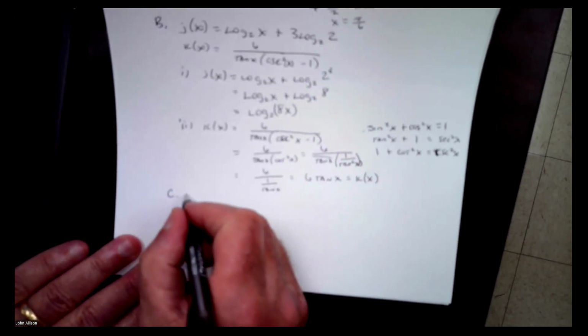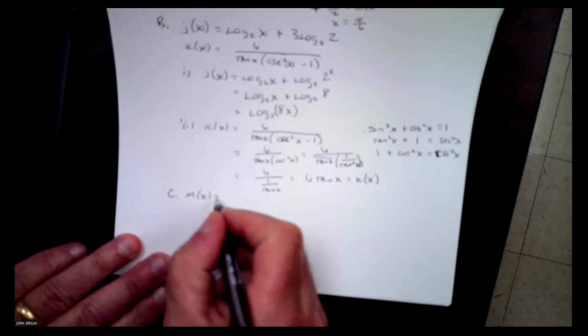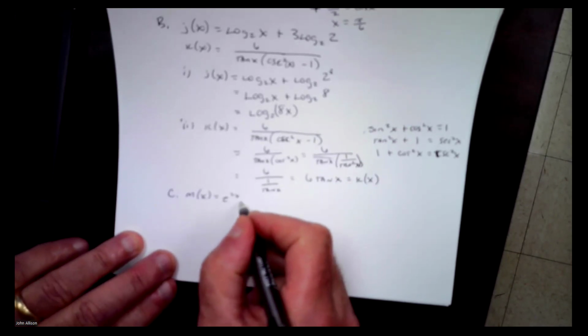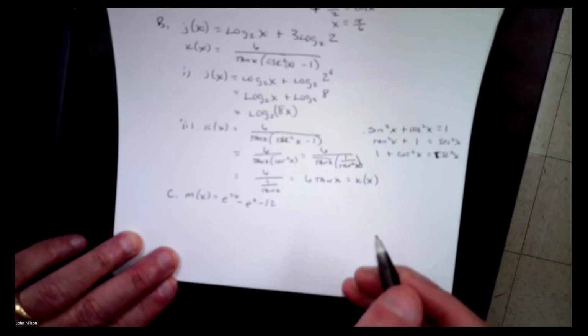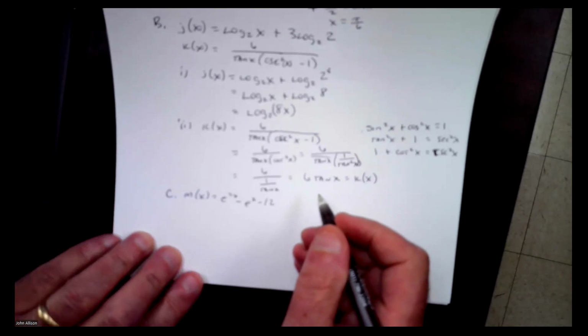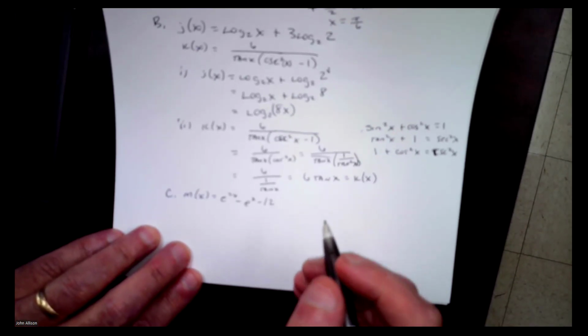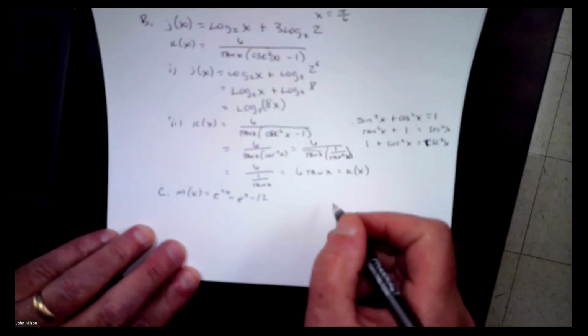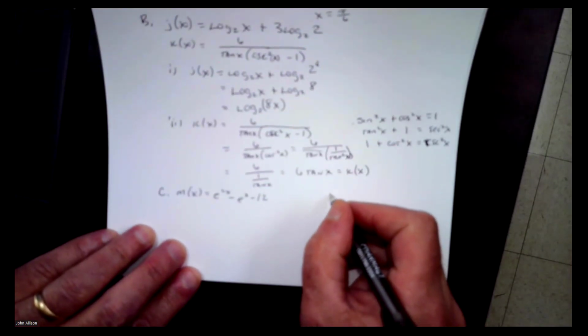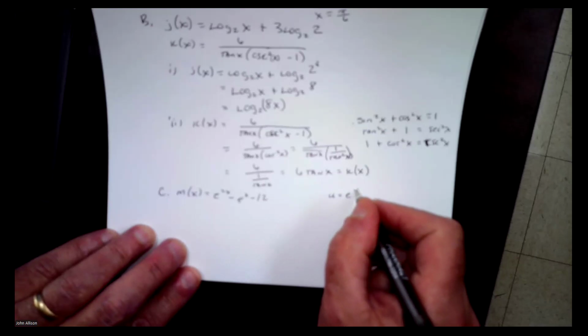Function m is given by e to the 2x minus e to the x minus 12. Find all input values in the domain of m that yield an output of 0. All right, we're going to use a little trick here that I like to teach called u substitution. I'm going to let u equal e to the x.